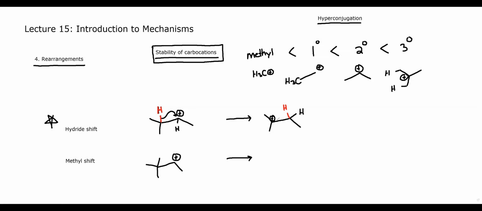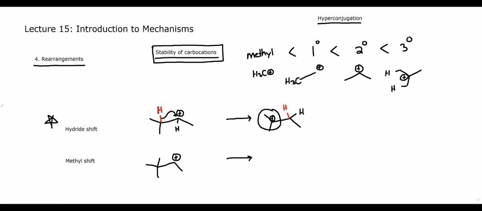So now this carbon is positive. So hopefully we can see from that hydride shift, from this red hydrogen and its electrons moving over one position, we've changed this carbocation from a secondary carbocation to a tertiary carbocation. See how it's now tertiary? And that tertiary carbocation is much more stable than that secondary.